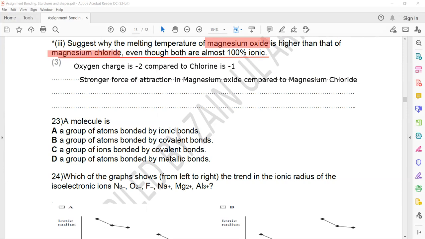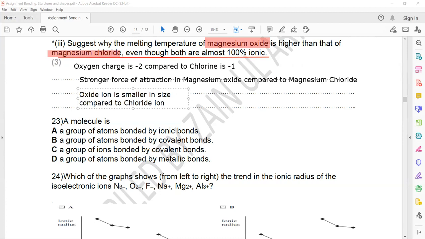And then you will compare the size. Oxide ion is smaller in size compared to chloride ion, which increases the attraction between the ions.